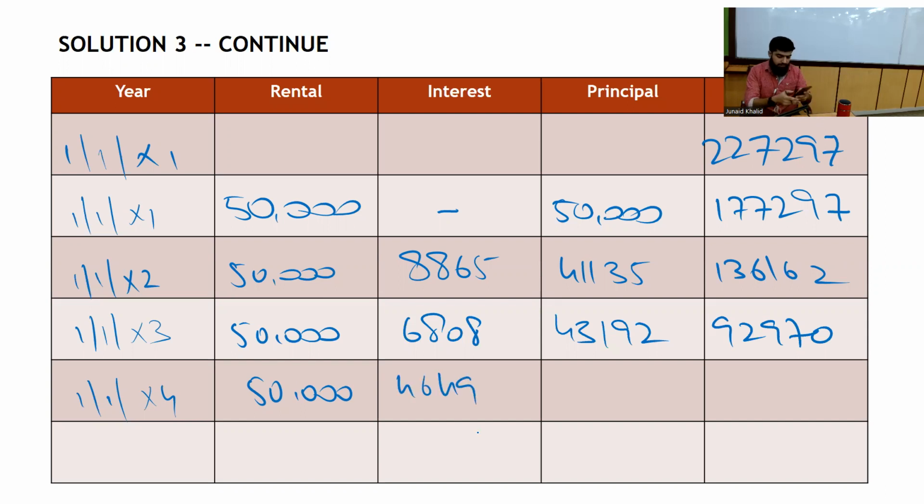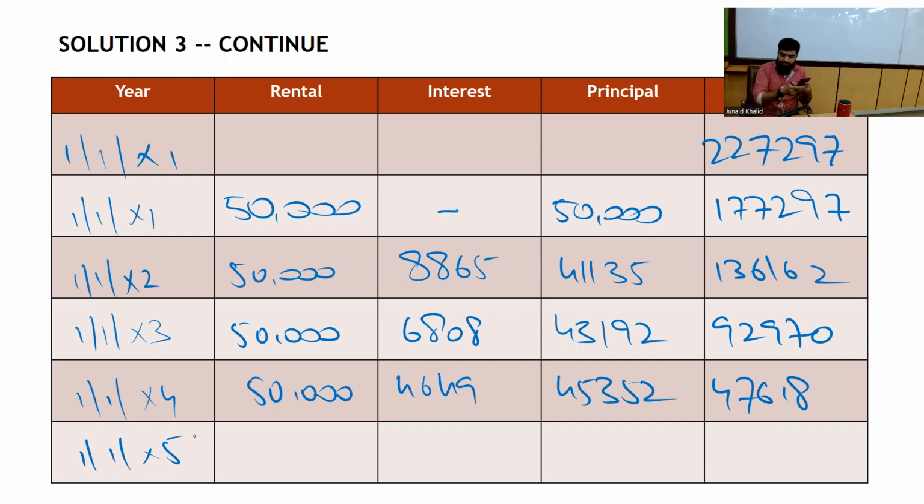4649 is the interest. 50,000 would be deducted from this. Then the principal that is paid is 45352. Total liability was 92970 minus 45352. That is, the remaining liability is 47618. The last rental was paid on 1st January 2005.